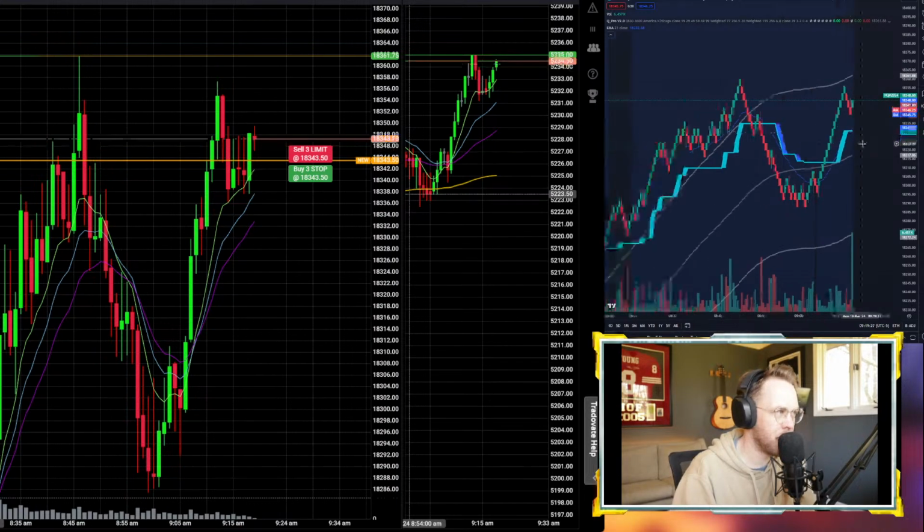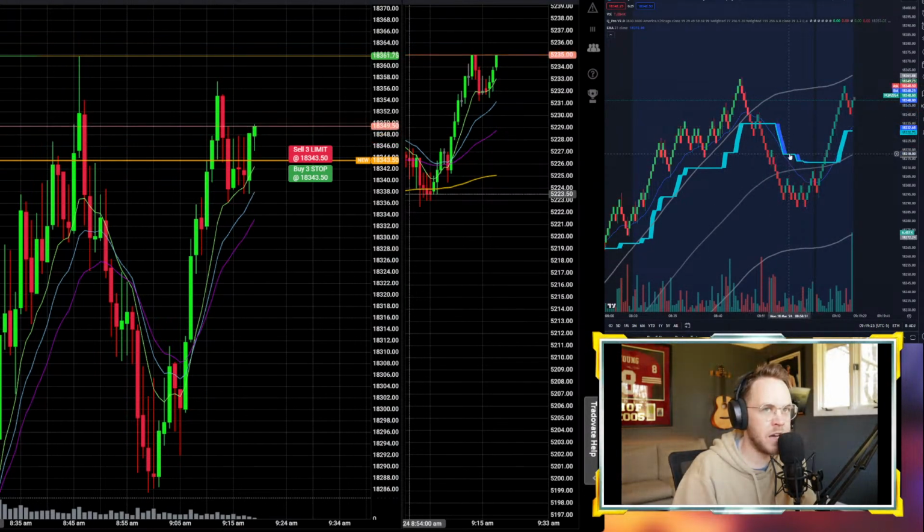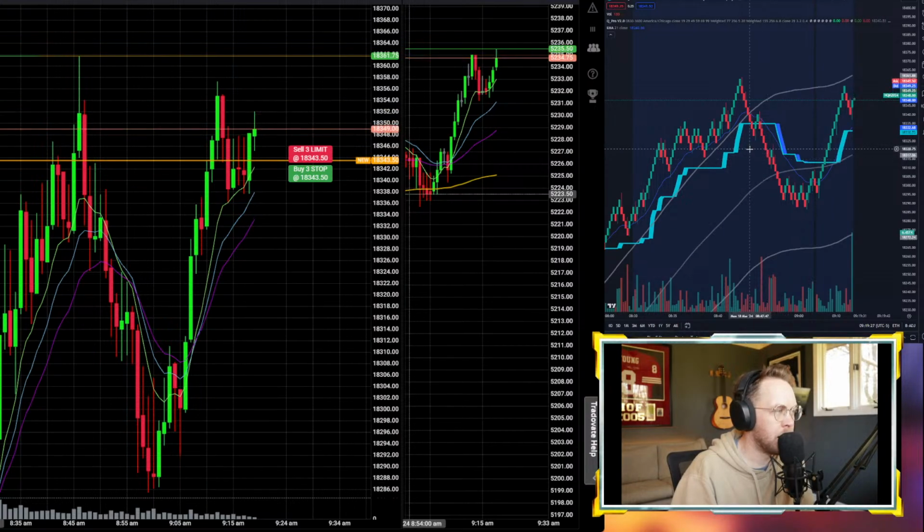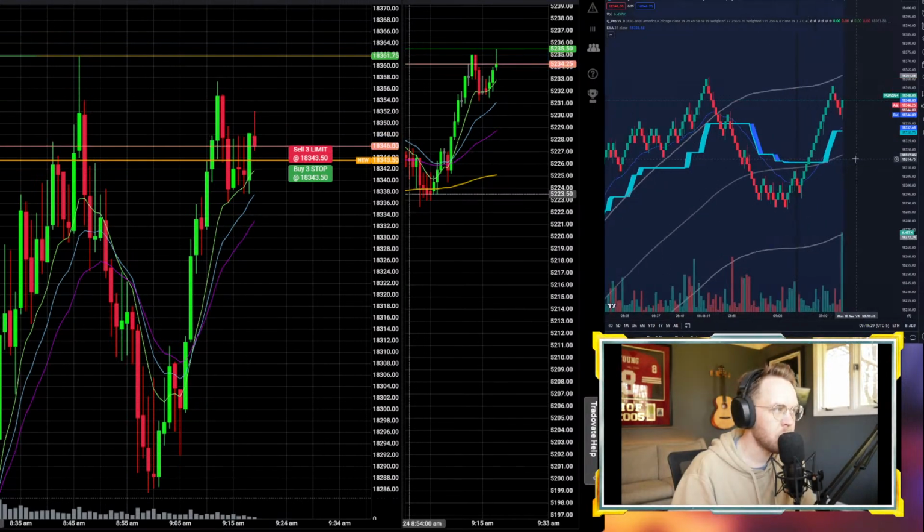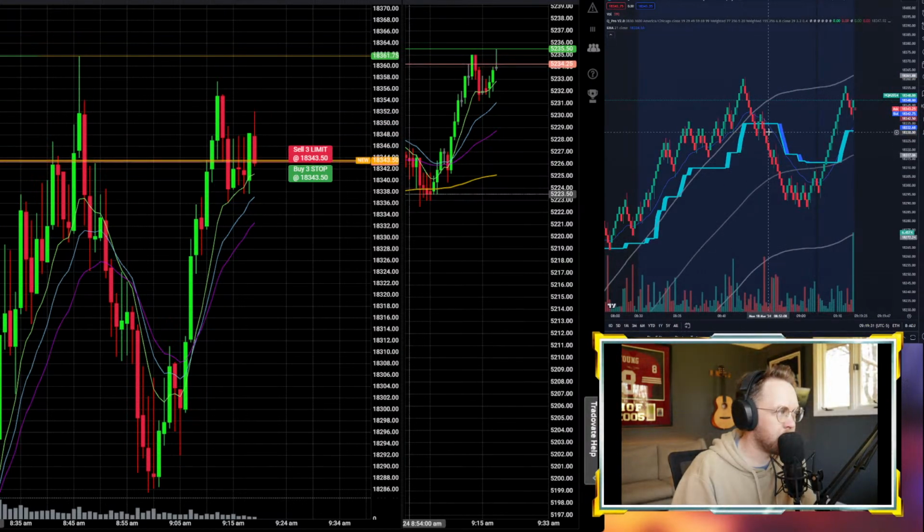So basically, if you see here on the right, you have the 1 minute Renko chart, and we are looking for... So we have the Q line here with some custom settings turned on it, this thick blue line.